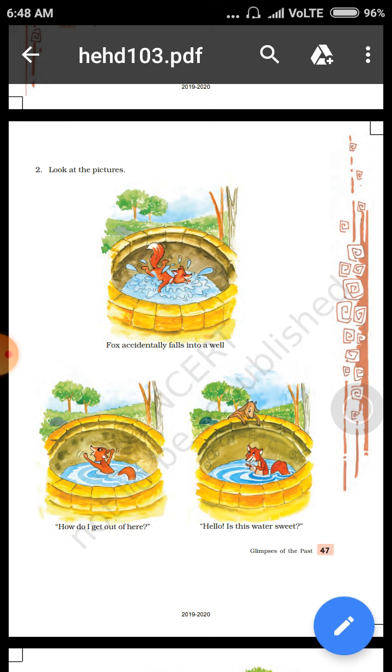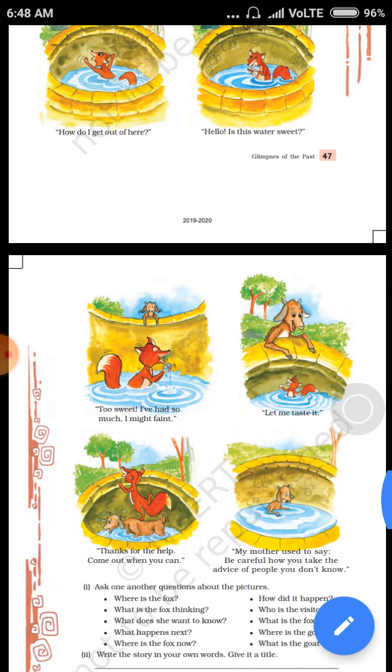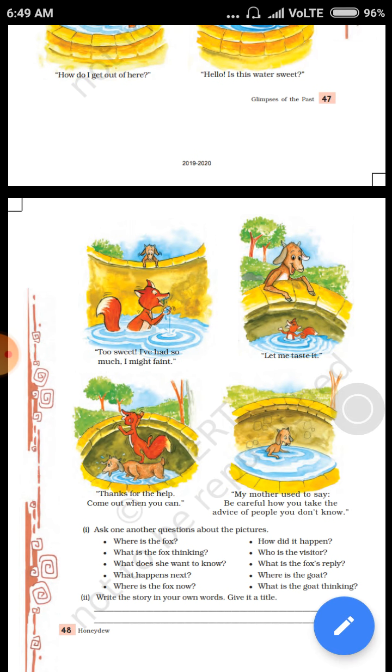You can think the goat is thirsty. What is the answer? The fox said, too sweet. The water is too sweet. I have had so much, I might faint.